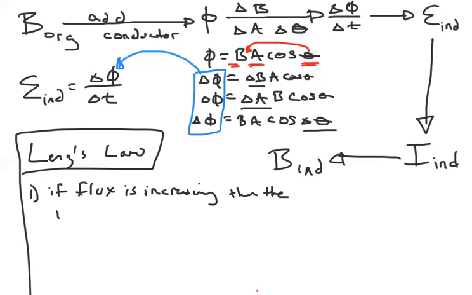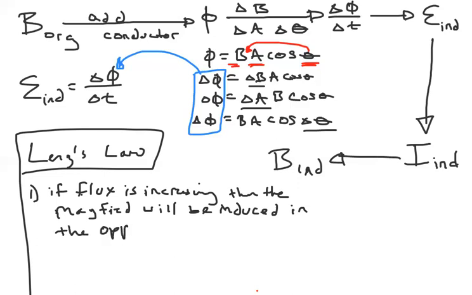Then the magnetic field will be induced in the opposite direction of the original one. Good job. The opposite direction of B original, and B induced is B_ind. So that's if flux is increasing.